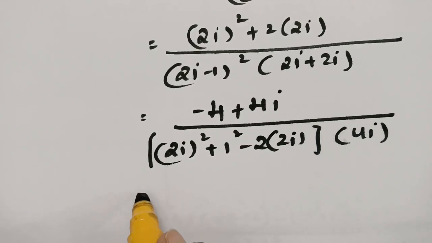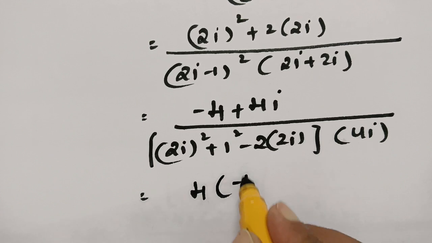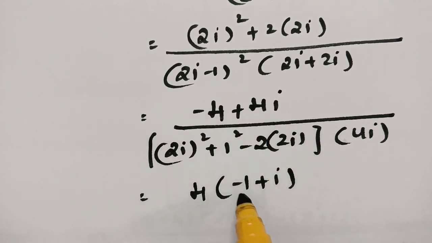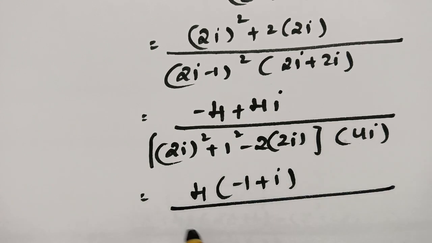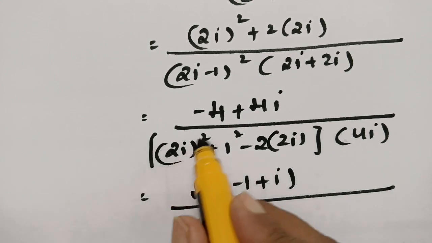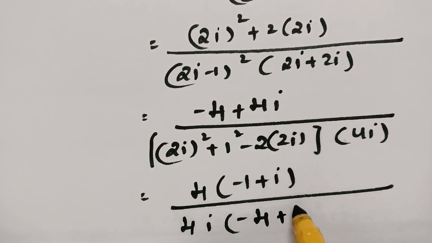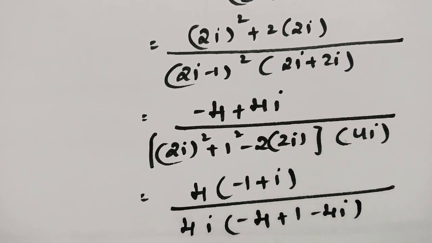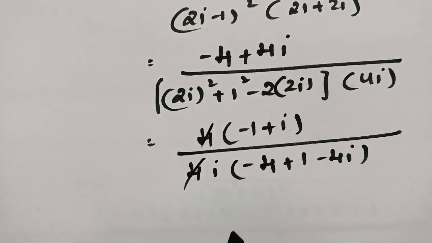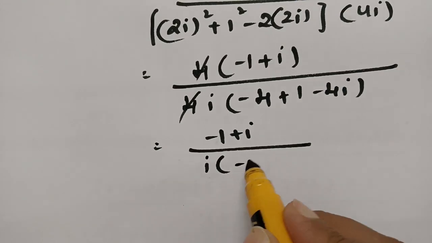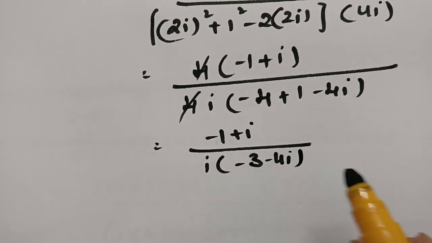Clear? And see here, if I take 4 as common, that is 1 plus i. So this value will be minus 1 plus i if I take 4 common, and here this is 4i, and see here this is 2 square, this is 4, and i square, this is minus 1, plus 1 minus 4i. Clear? And if I cancel this 4, this will be minus 1 plus i into i times of minus 3 minus 4i.